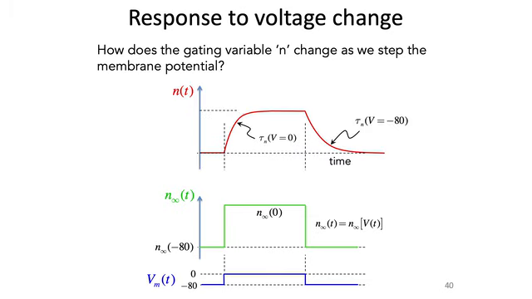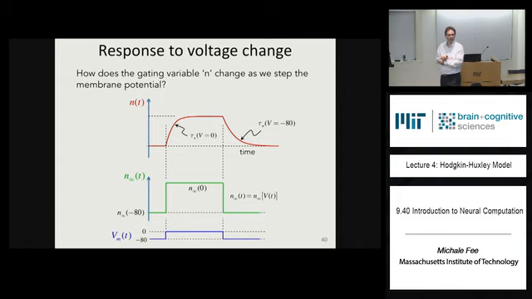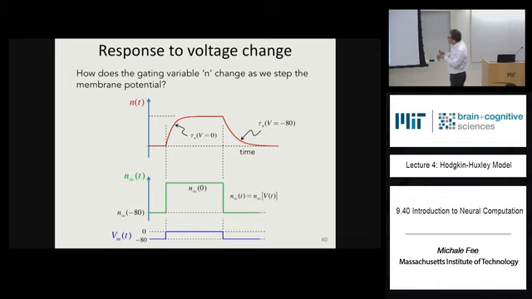Now let's plot n. n is going to start at 0. When you step the voltage up, n infinity will jump up, and n will relax exponentially to a high n infinity, close to 1, right? And then when we turn back, n infinity jumps back down to 0, and n relaxes exponentially back. Yes?